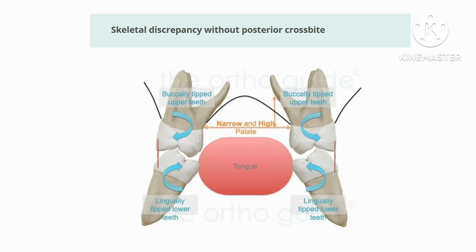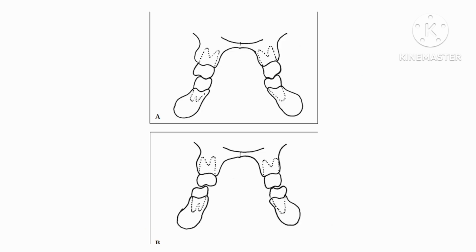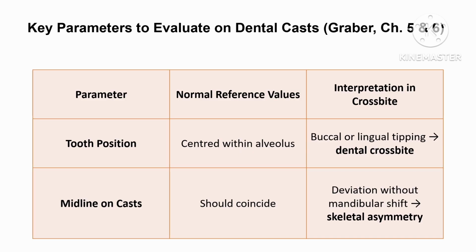Tooth position should be centered within the alveolus, and buccal or lingual tipping indicates dental crossbite. Cast midlines should coincide. Deviation without a mandibular shift suggests a skeletal asymmetry. Importantly, a cast can be examined in centric relation rather than centric occlusion to distinguish true skeletal asymmetry from a functional mandibular deviation.